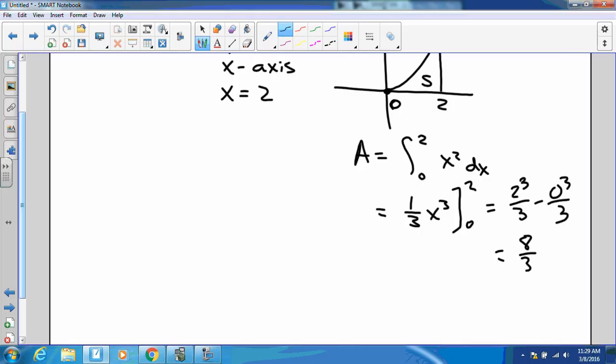Exactly. What decimal value is that? Because we're going to get some estimations here. We want to compare them. Give me 4 places.